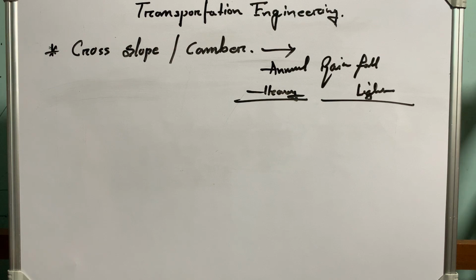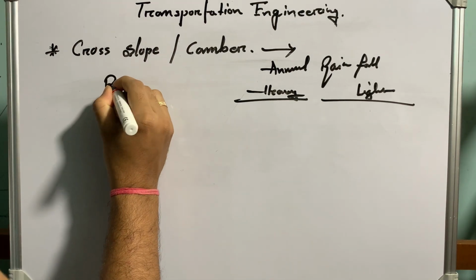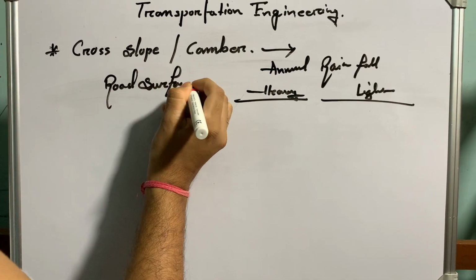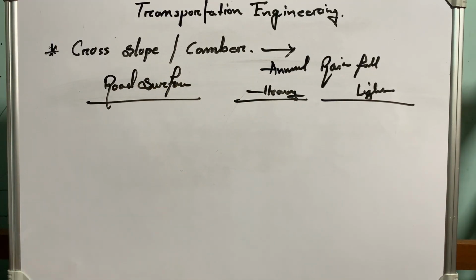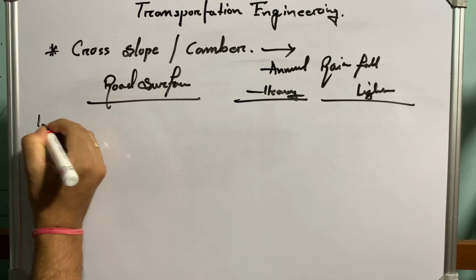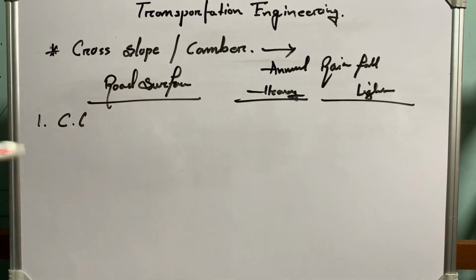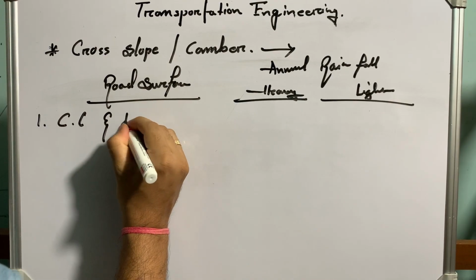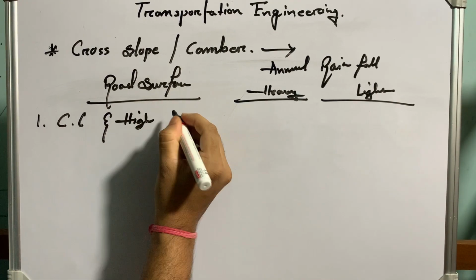So the slope of the camber will depend on the amount of rainfall, heavy or light. Let's see how much slope should be there for different road surfaces.